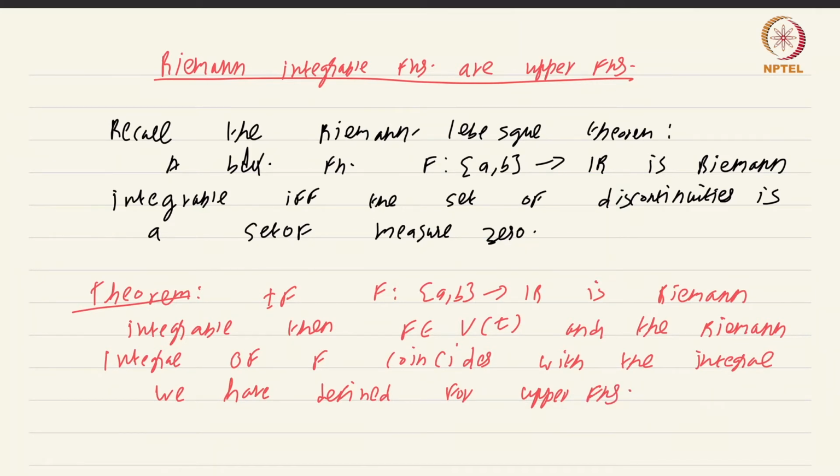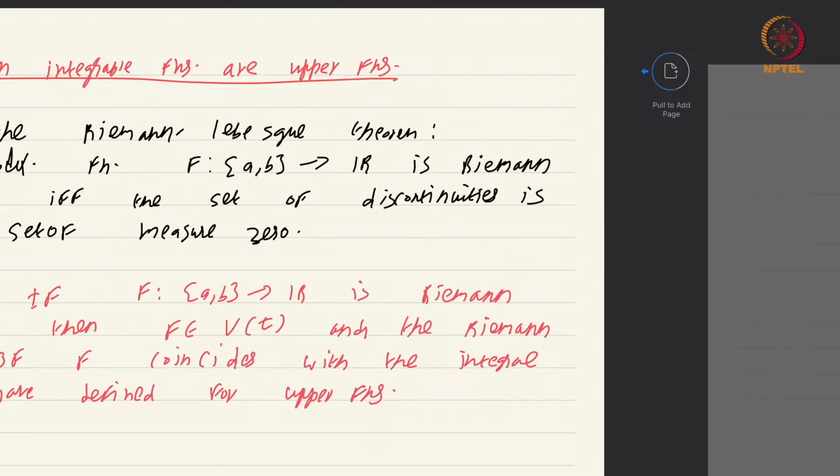So this makes the collection of upper functions a proper superset of the collection of Riemann integrable functions. Proof.